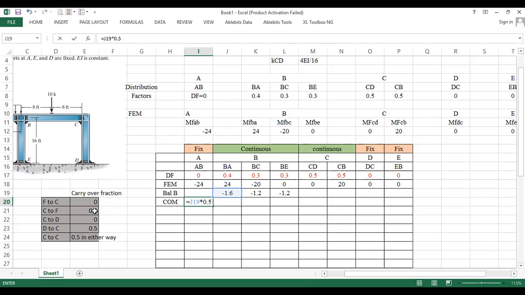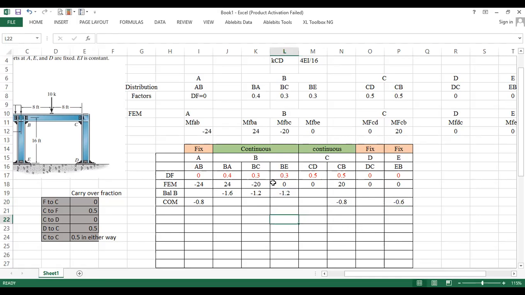This factor is always half for your cases. Carrying over done. BC, continuous, neighborhood is CB, also continuous, you should give half. BE's neighborhood is EB, and that is fixed, continuous to fixed, you should give half.